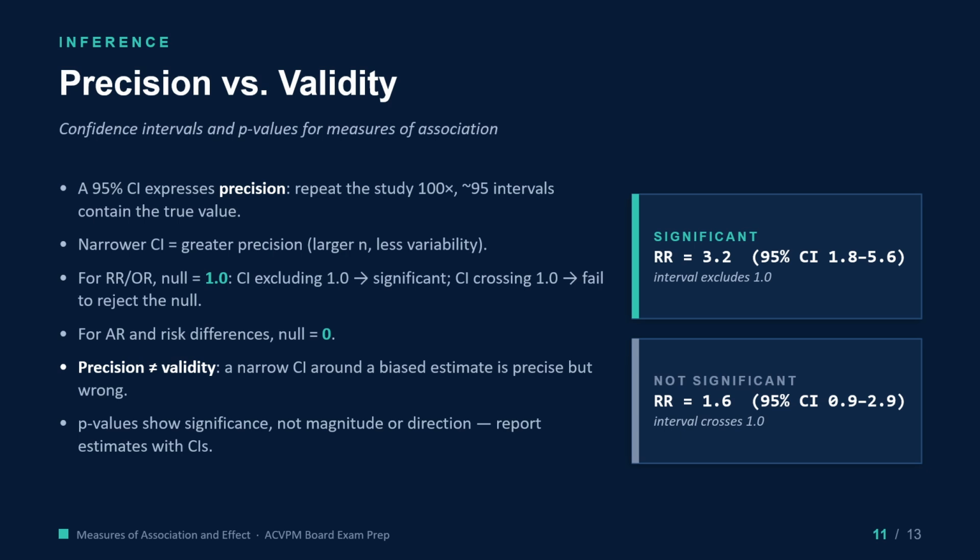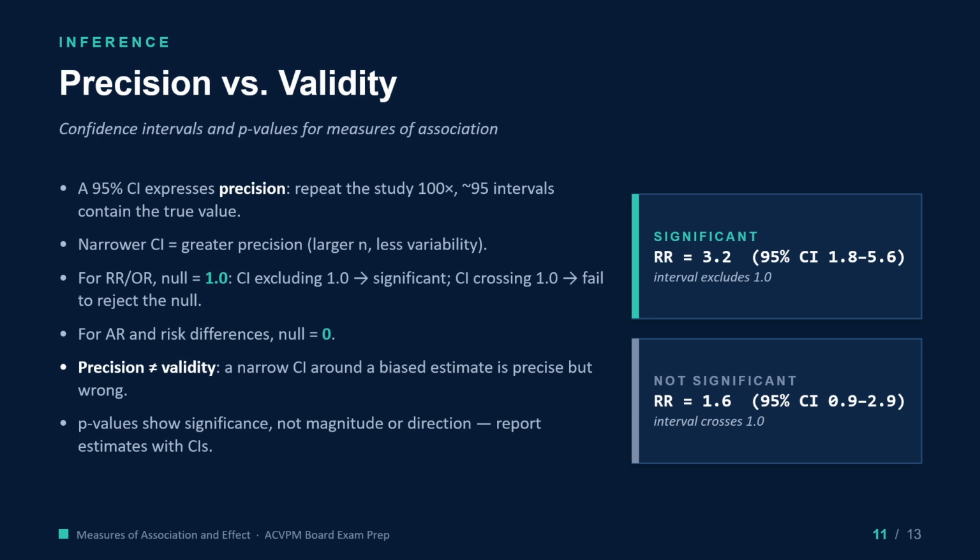Here's how to read CIs for measures of association. For the relative risk and odds ratio, the null value is 1. If the 95% confidence interval does not include 1, for example, RR equals 3.2, 95% confidence interval 1.8 to 5.6, the result is statistically significant at the alpha equals 0.05 level.